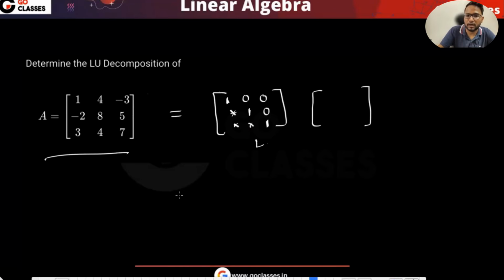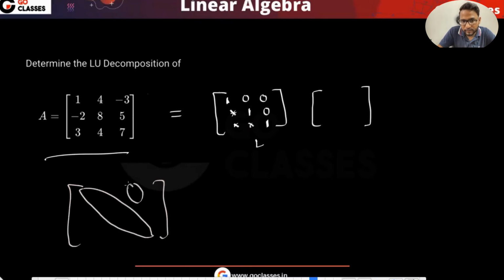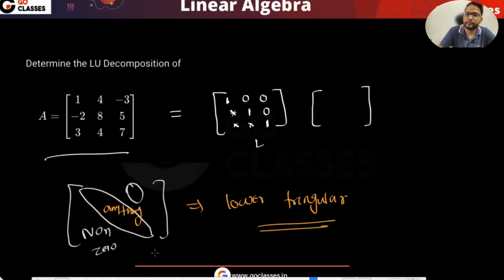I will obviously teach it, but the lower triangular matrix is that you have zeros here, you have non-zeros here, and on the diagonal it is anything. This matrix is called lower triangular. But in LU decomposition, I have a special lower triangular where on the diagonal I have one only, and everything above is zero, and these are the non-zeros.